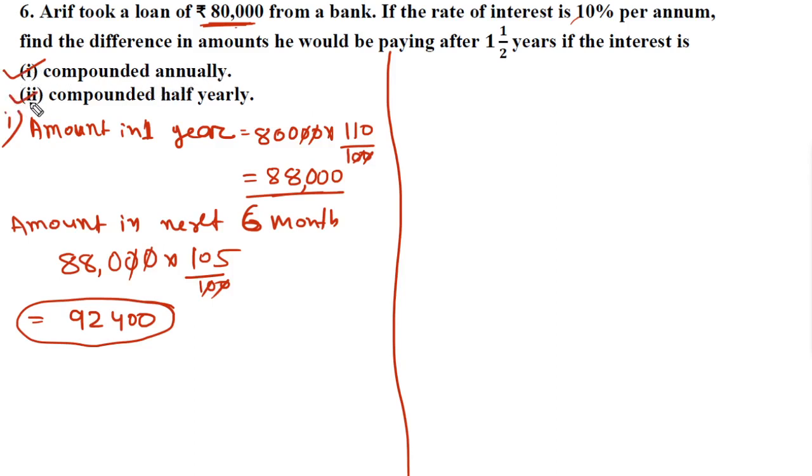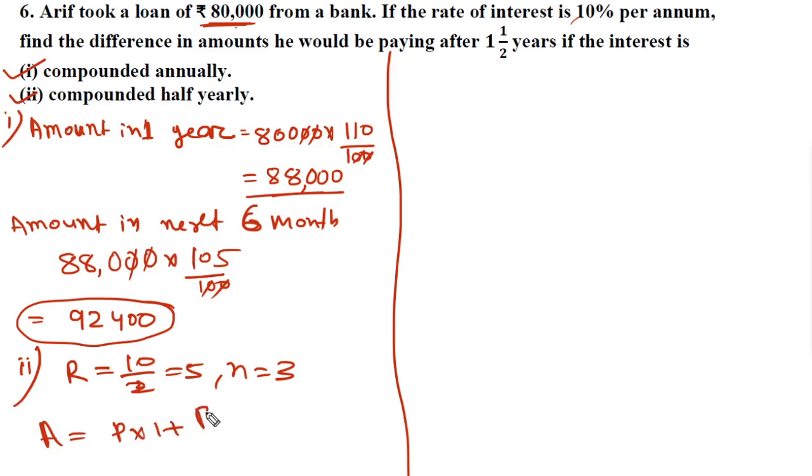For compounded half yearly we can directly find. So now we will move to the double I part here. Here principal remains the same. Here the rate of interest R will be 10% for 1 year, half yearly compounding, so it will be 10 by 2, equal to 5, and n will be equal to, so here compounding half yearly means in 1 1/2 years it will be compounded 3 times, so n equal to 3. Now the amount, you know the formula for amount is equal to P into 1 plus R by 100 to the power n.